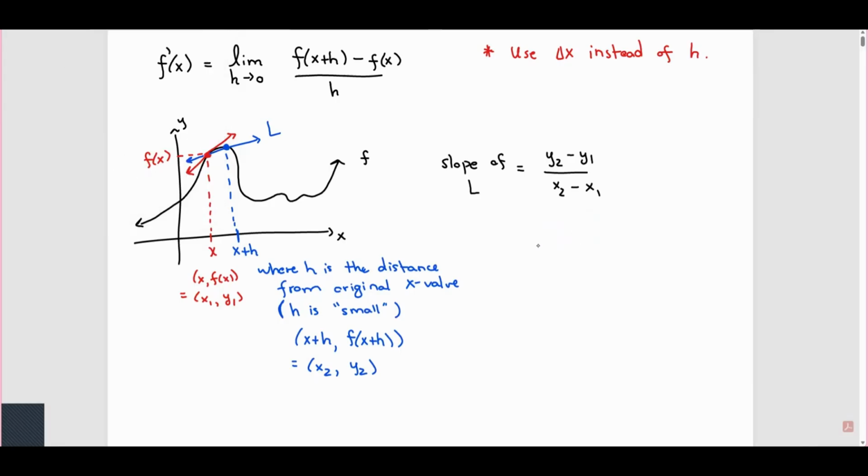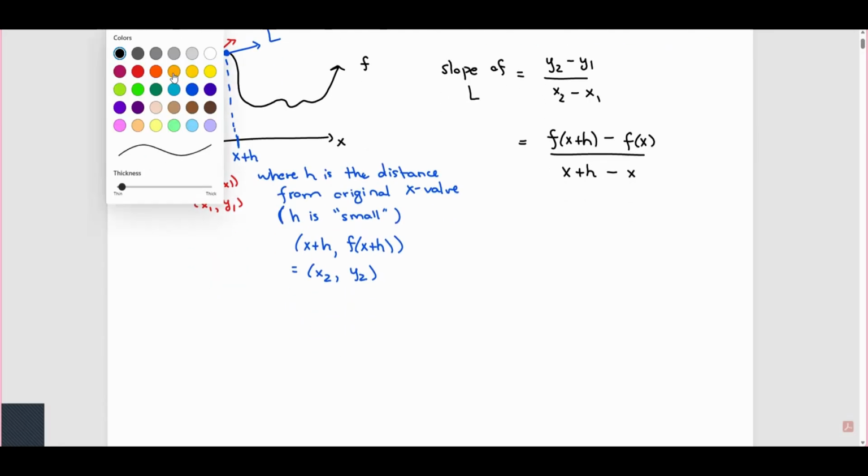Okay, so let's fill in. According to what I've written, y2 is f of x plus h, minus y1 is f of x, all over x2 is x plus h, minus x1 is just x. Again, I'm looking at these labelings that I wrote down in red and blue.